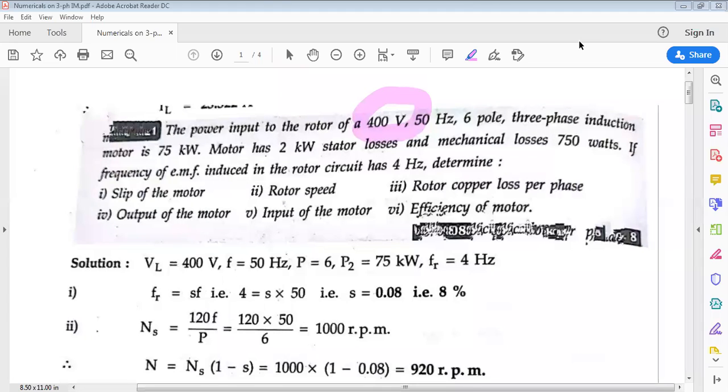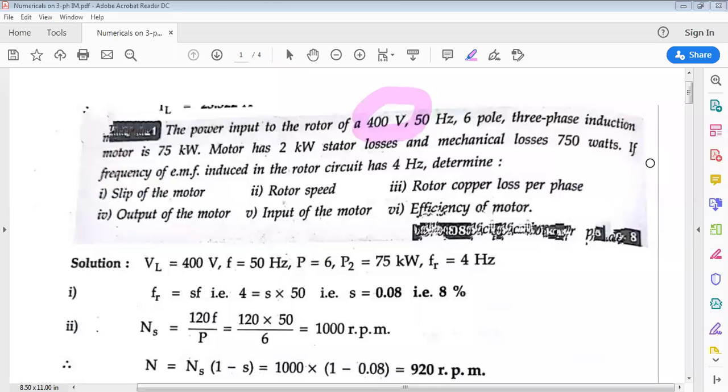Will you consider it as peak or RMS? RMS. Okay. So 400 volt is a line voltage which is applied to stator windings and it's an RMS value.